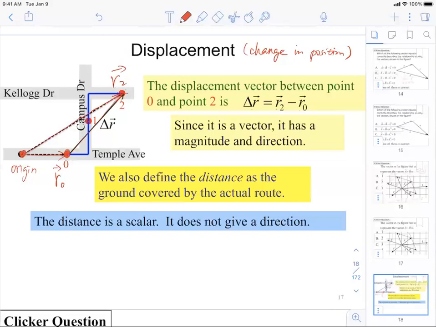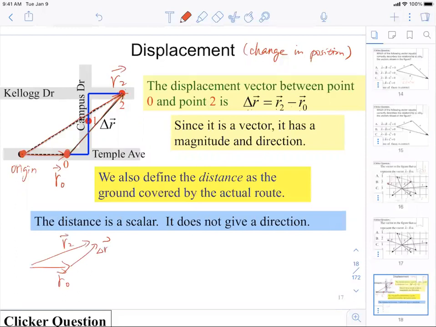So delta r is R2 minus R0. You can work out the head to tail method in your own time, or look quickly here: R0 plus delta r gives you R2, because R0 and delta r are connected head to tail.